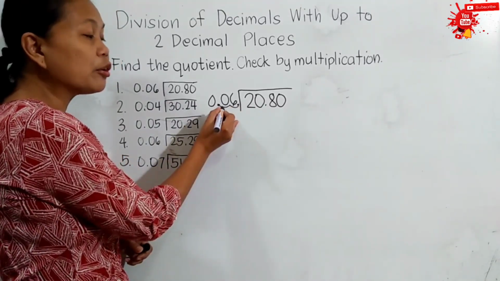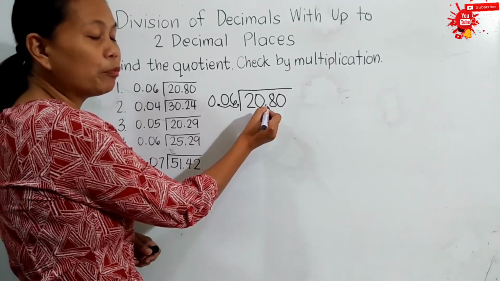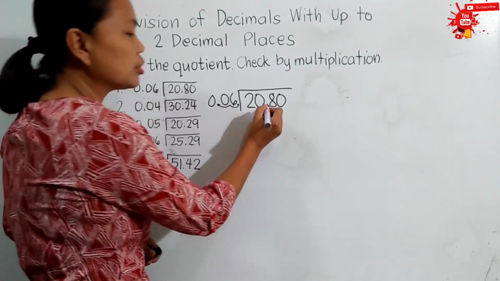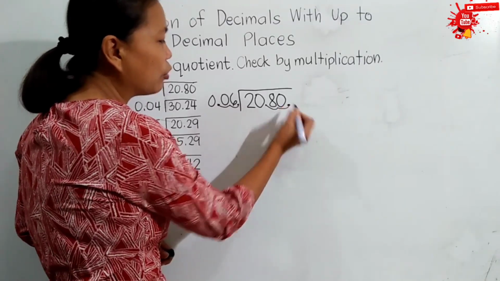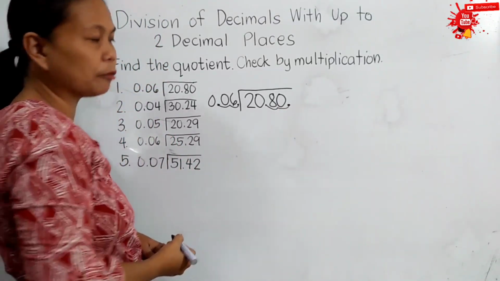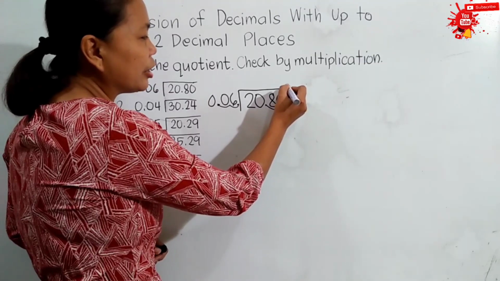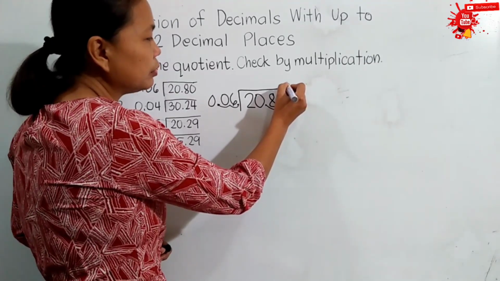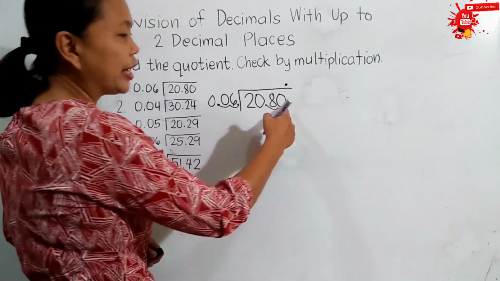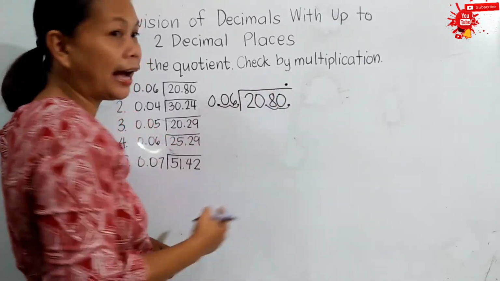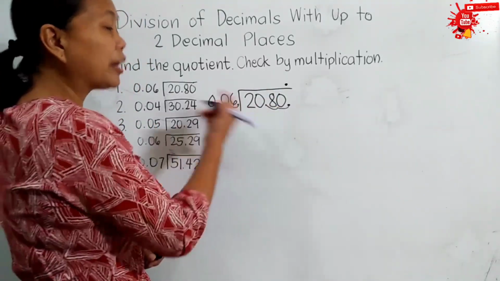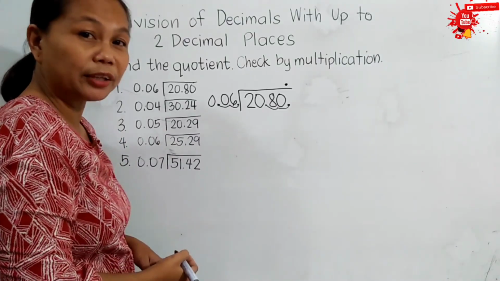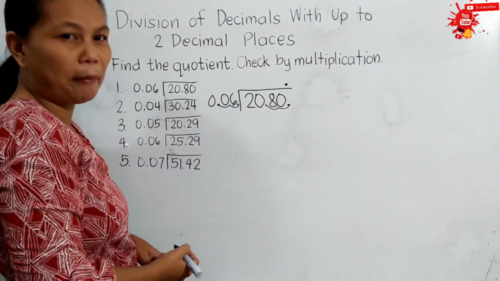Ngayon, dito, kung ilan yung i-move natin, yun din yung i-move natin dito sa loob. So, dalawa. 1, 2. So, ito na yung bagong location ng decimal point. At itatapat na natin yon dun sa ating quotient sa taas. So, yung decimal point, tapat din dun sa taas. Okay? Maliwanag ba yon? Tapos, mag-divide lang tayo na para tayong nagdi-divide ng whole number.